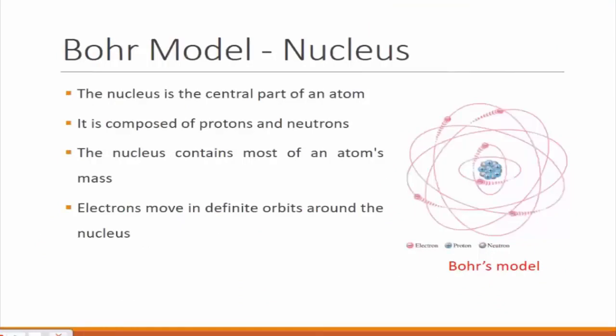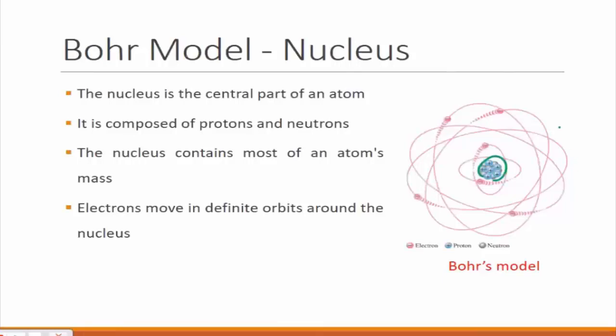According to the Bohr model, the nucleus is the central position of the atom. It's composed of protons and neutrons. Because it consists of neutrons, which have no net charge, most of the atomic weight, the weight of the atom, will be within the nucleus.